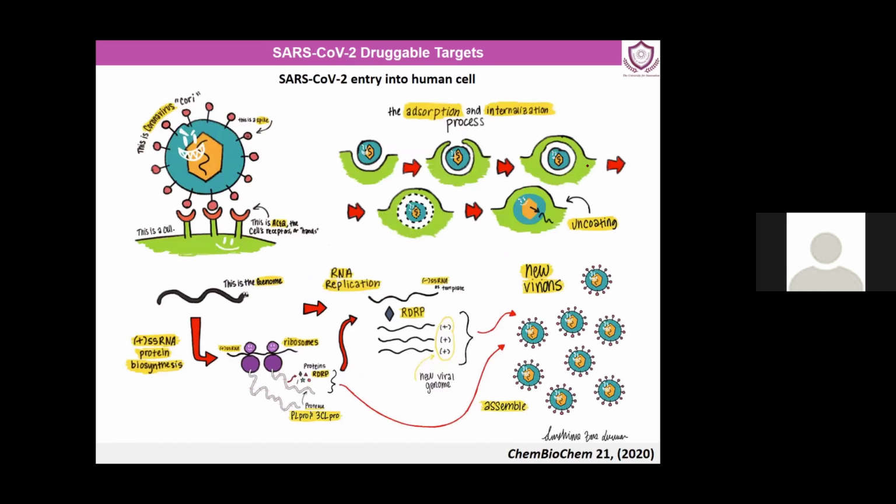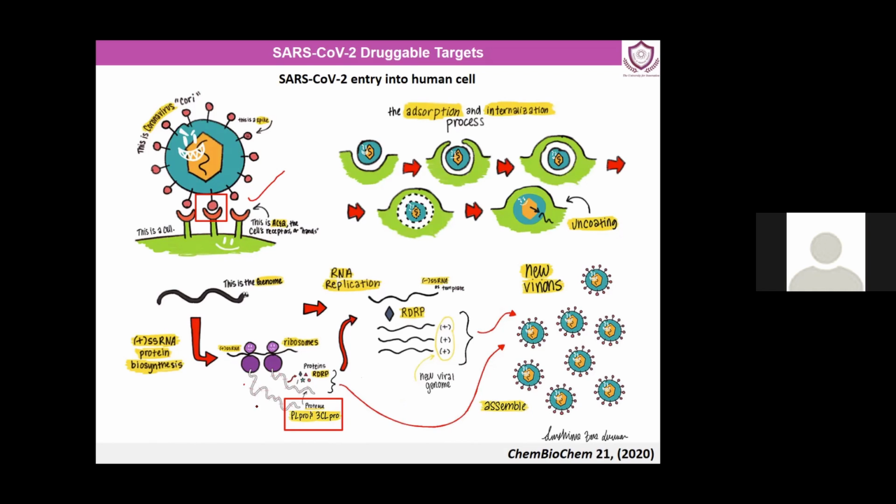Now, if you see the entire mechanism of SARS-CoV-2 entry into the human cell, we do have a lot of proteins, but the major one is the spike protein, as I told you initially. Then we have one important category, the proteases. Whenever SARS-CoV-2 enters a cell, it's a single stranded RNA virus, and with the help of host machinery, this RNA translates into protein.